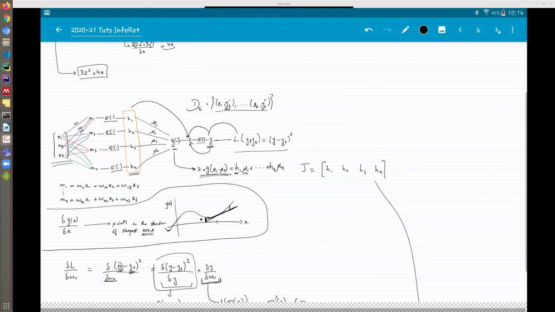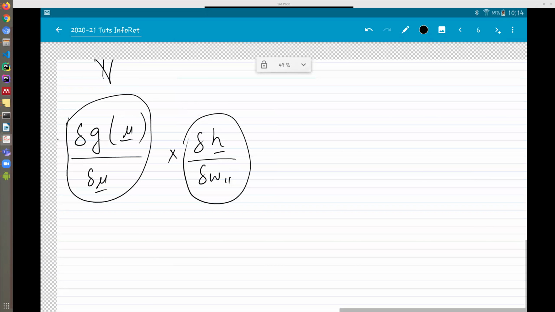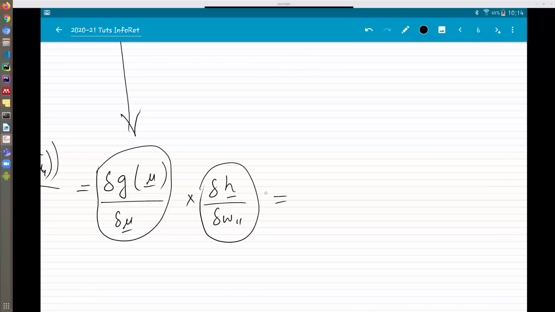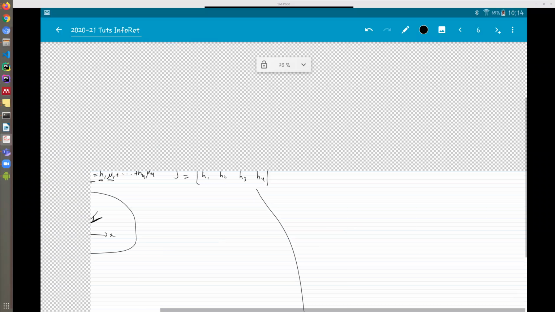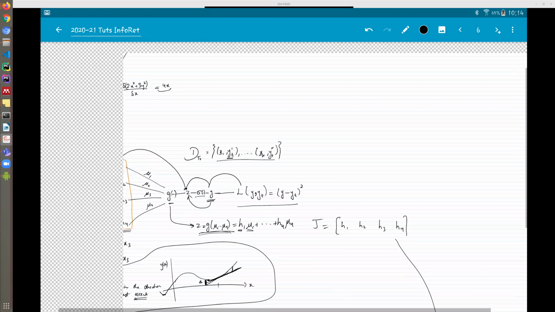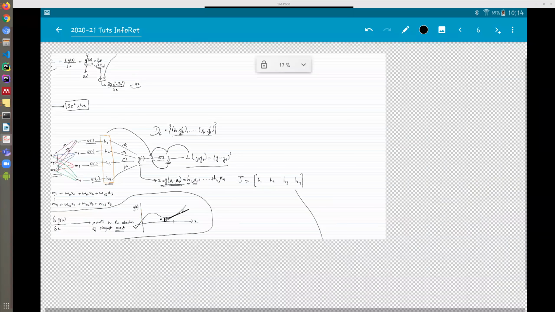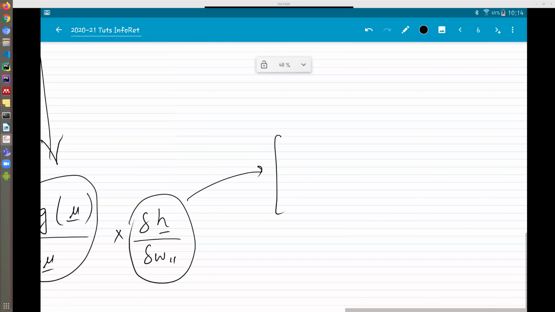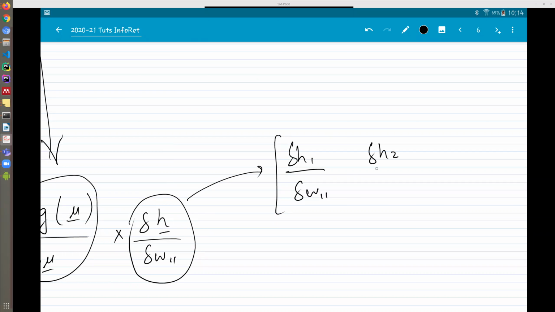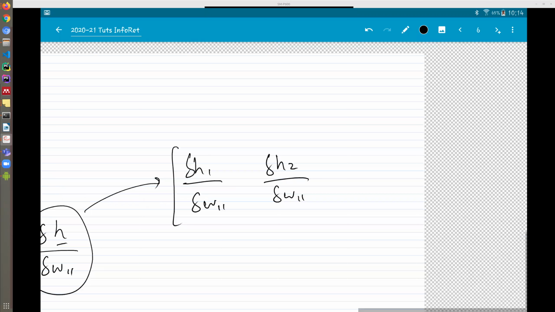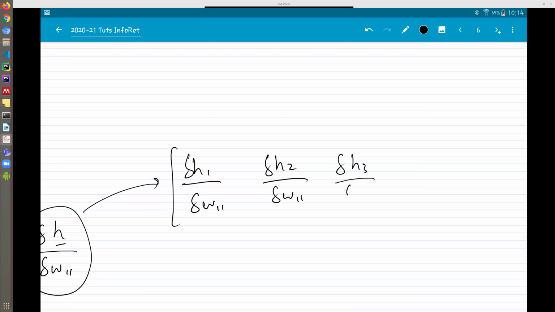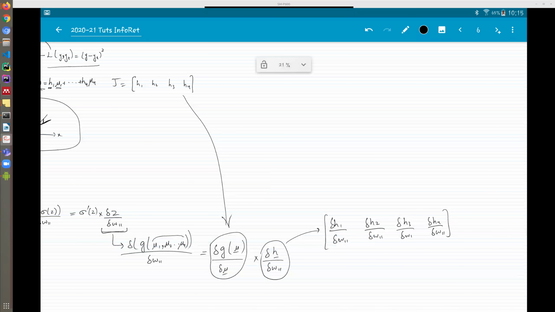Now let's look at the case h1, and let's write this down as the derivatives of h1, h2, h3, and h4 with respect to w11.